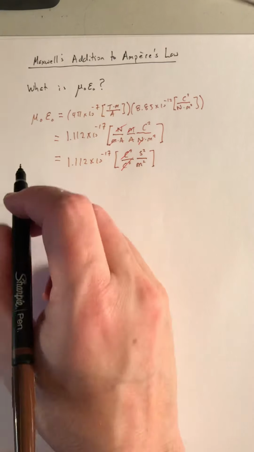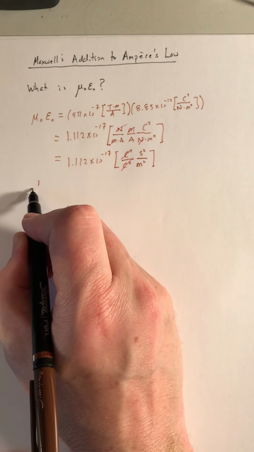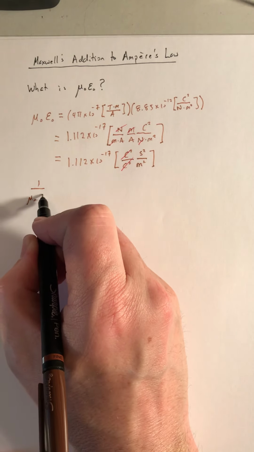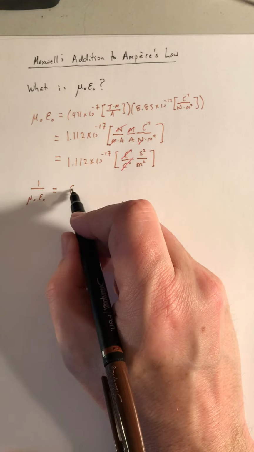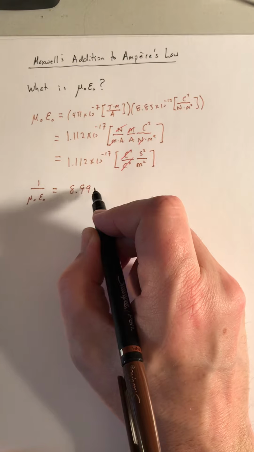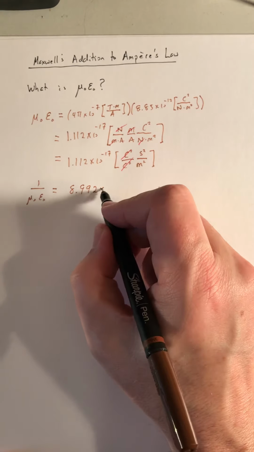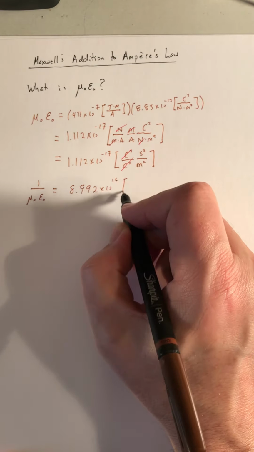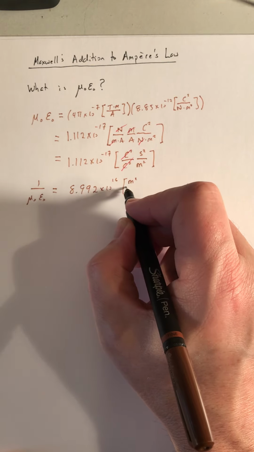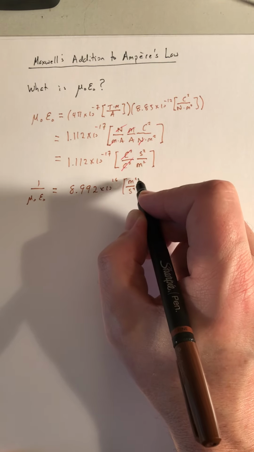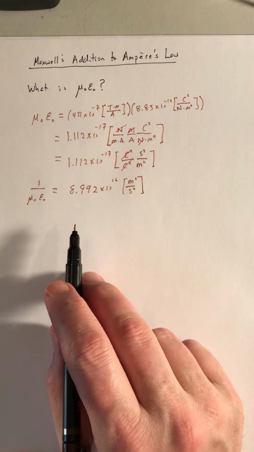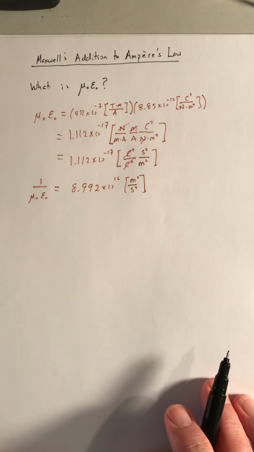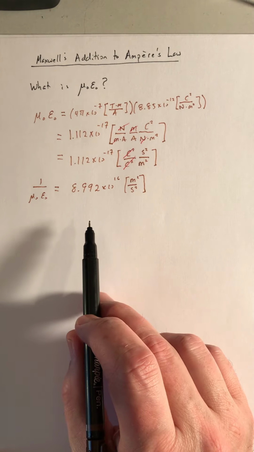So let's reciprocate both sides. 1 over mu naught epsilon naught then is going to be 8.992 times 10 to the 16th meters squared per second squared. Which might look familiar to you. If not, let me do one more line.